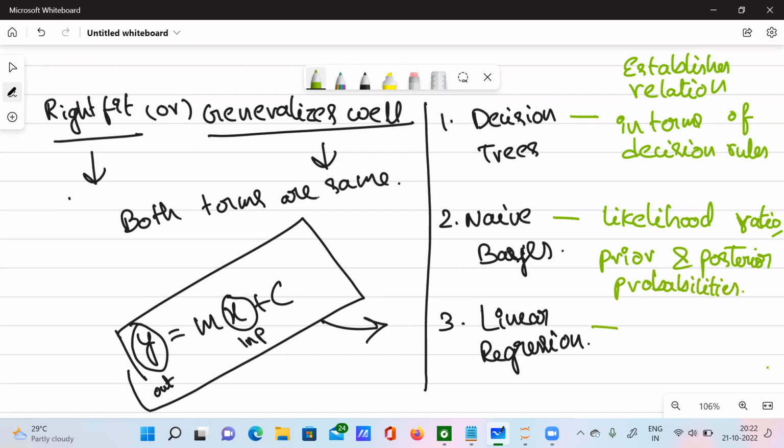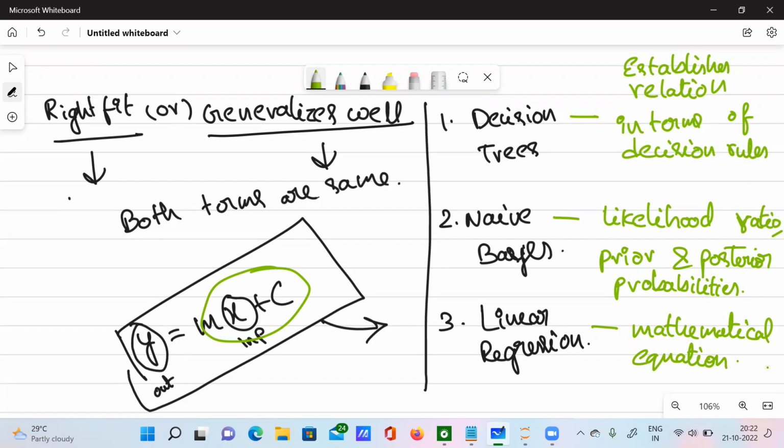And here linear regression also establishes the relationship between input and the output variables using a mathematical equation, which is nothing but y equal to mx plus c, this particular equation, right?